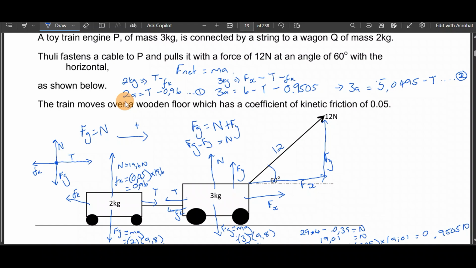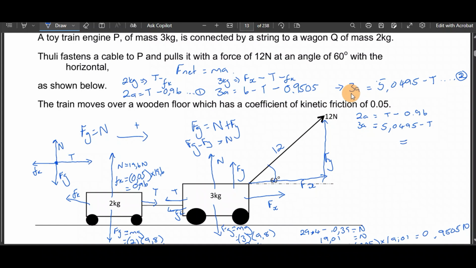If I add the two equations, it would be the left hand side plus the left hand side, and the right hand side plus the right hand side. So let me write my equations like this: 2a is T minus 0.96, and 3a is 5.0495 minus T. I add this side on its own and that side on its own, with an equal sign in the middle. So what is 3a plus 2a?